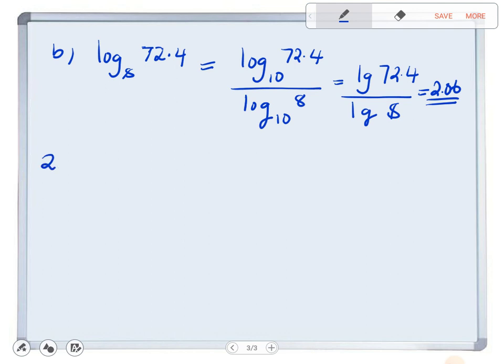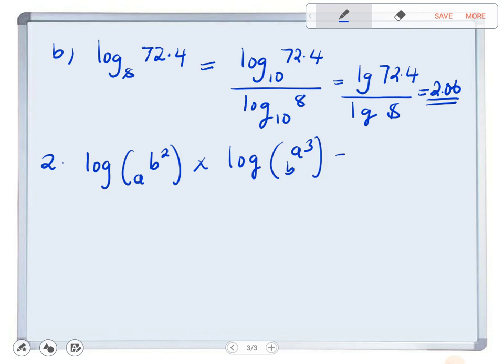Number 2 is we are verifying that log of b to the power 2 base a, multiplied by log of a to the power 3 base b, is equal to 6. Here is what we're going to do.